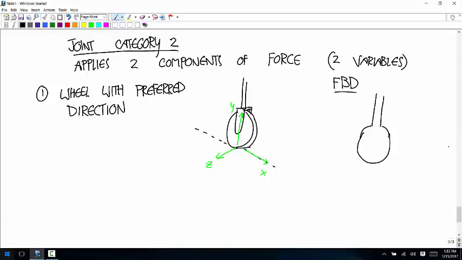So I'm going to write this as a force component, Fy, and a force component, Fz.